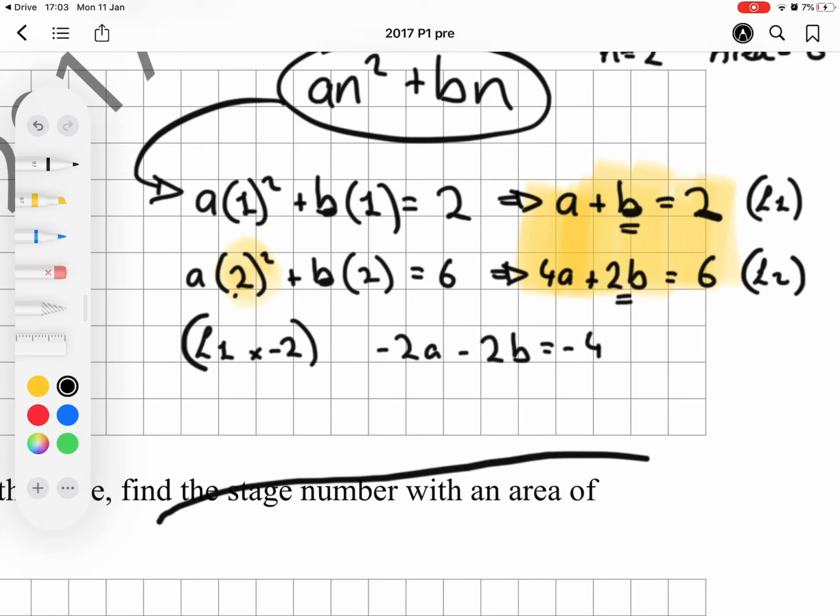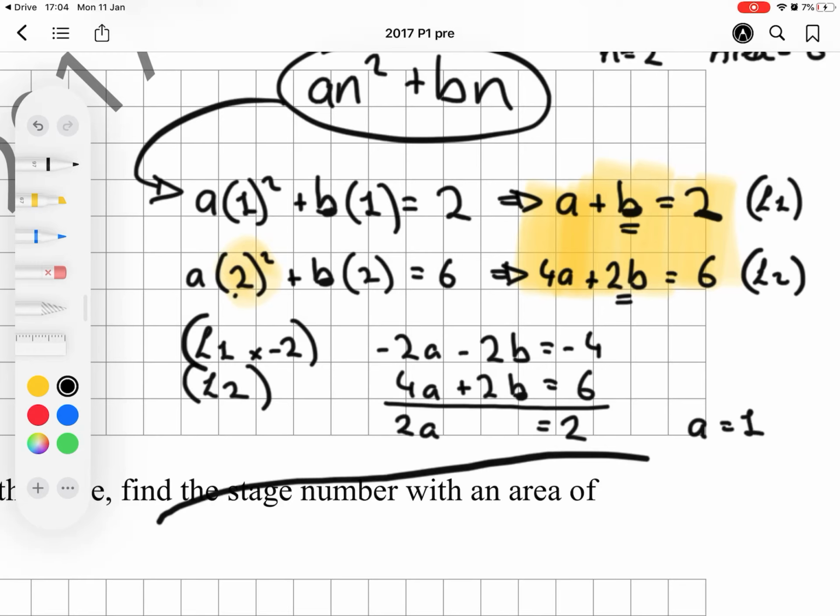And line 2 as it was: 4a plus 2b is equal to 6. Now we can add those 2 lines. Minus 2a plus 4a leaves me with 2a, the b's cancel out like I planned, is equal to 2. So if 2a equals 2, a equals 1.